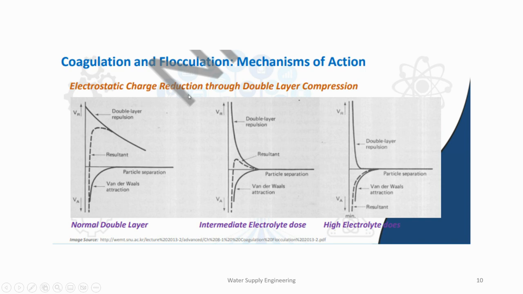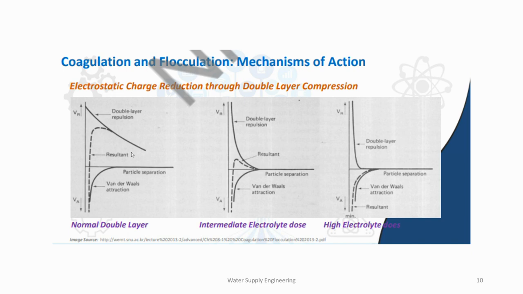electrostatic charge reduction through double layer compression, or simply charge neutralization. So, this normal double layer graph is the normal state of a colloidal particle. It will have a double layer repulsion as well as van der Waals attraction, which will give a resultant force which is highly repulsive in nature.